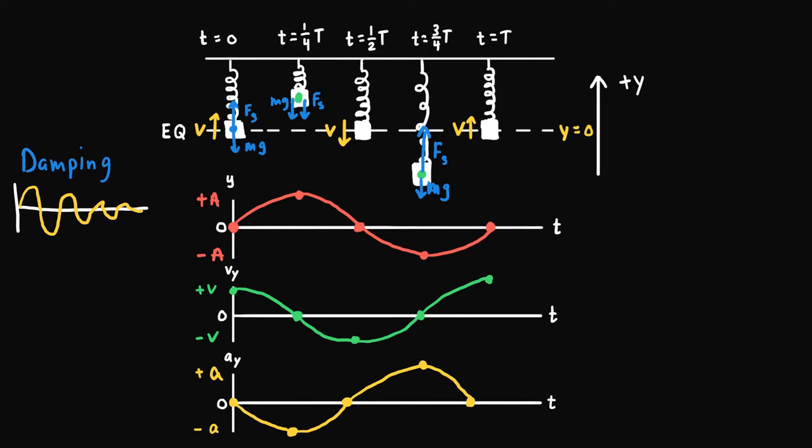Energy is being removed, and so we'll see the amplitudes of these graphs shrink, and they'll shrink down to nothing. And so that physical thing that's happening there is the damping of the energy of the system.